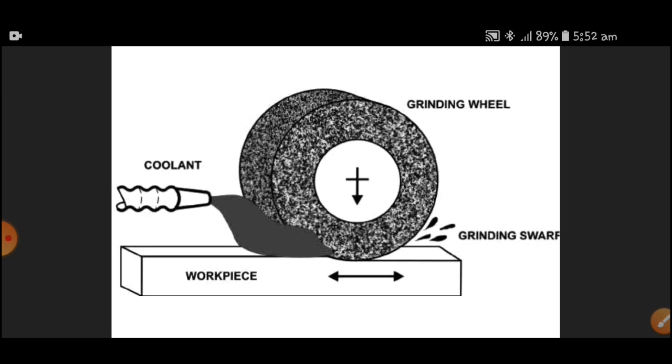Abrasive particles in different grades are used. So in the grinding process we can get a more accurate shape as well as dimension.